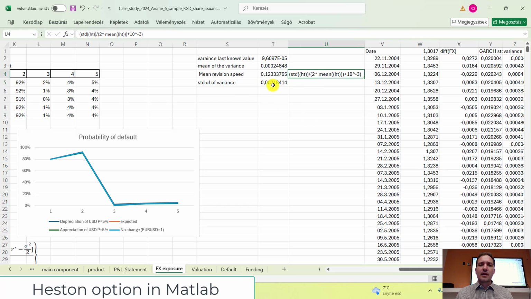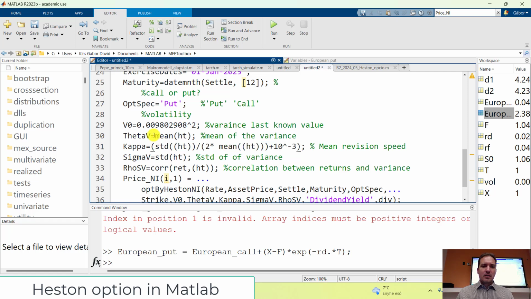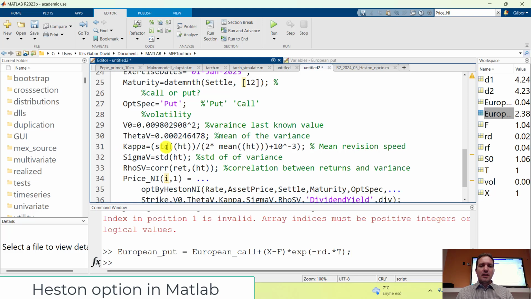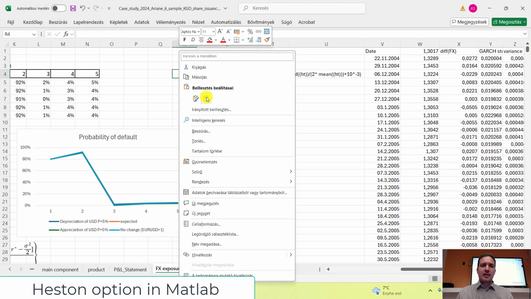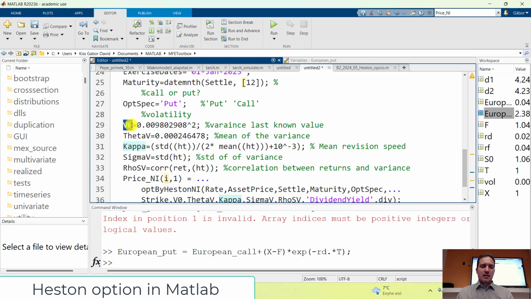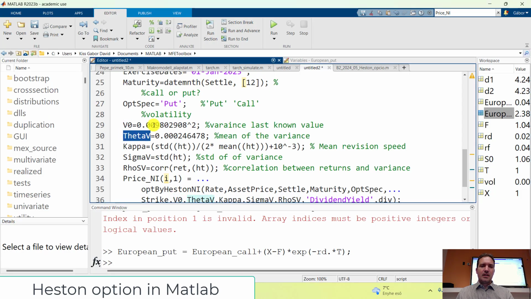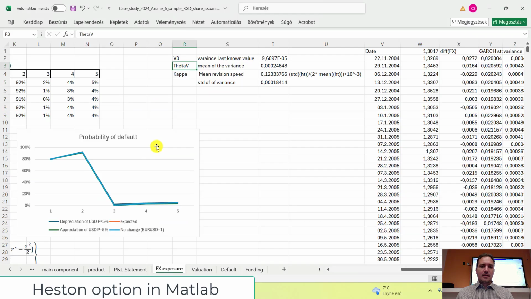Okay. Now we have all the necessary inputs. So mean of the variance was this one. Obviously decimal points. Oh, I should also type here kappa. V0, that was theta V, and also sigma V. No, sigma V is standard deviation of the variance.